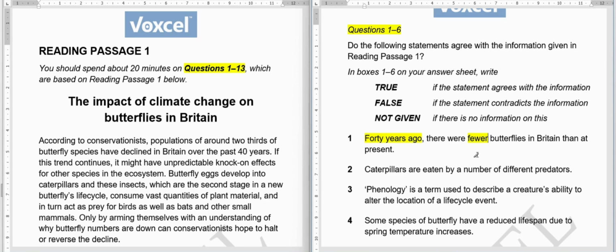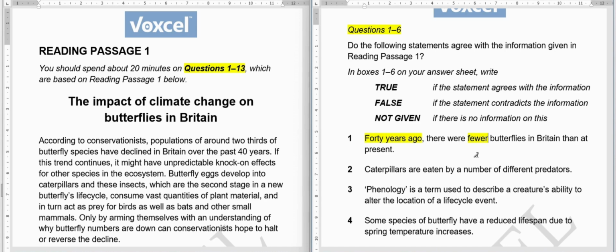The answer will be true when the number of butterflies in the past is fewer than in the present. The answer will be false in one of two conditions: either the number is more or it is equal. In both conditions it will contradict the word fewer, so it will be false.